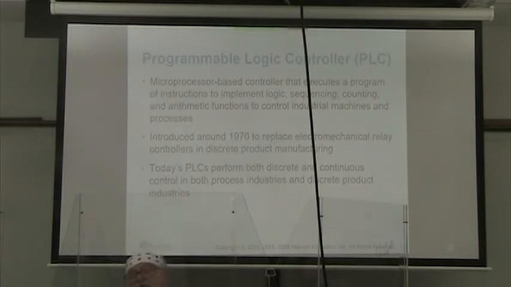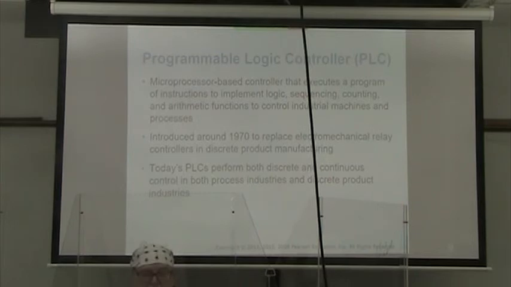Programmable logic controllers, or PLCs, are microprocessor-based controllers executing programs of instructions to implement our logic, sequencing, counting, and arithmetic functions to control the industrial machines and processes, okay?